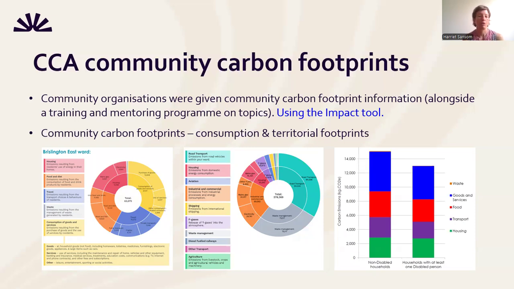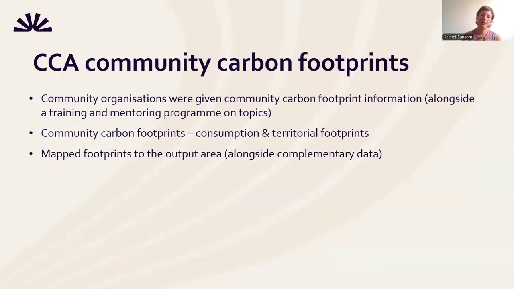So how did that community's footprint compare to the Bristol average? And then for the 6 core community organisations that were involved from the beginning, we also mapped information to the output area to make it easier to engage with, to guide decision making around projects.